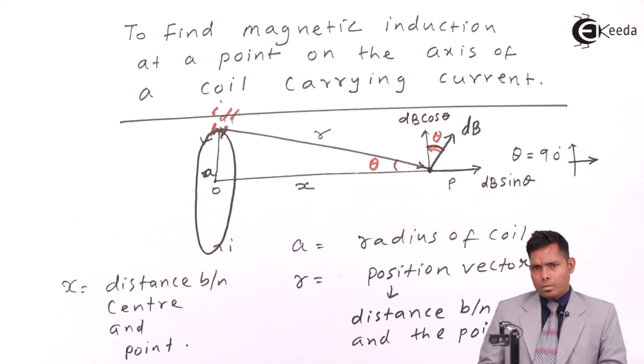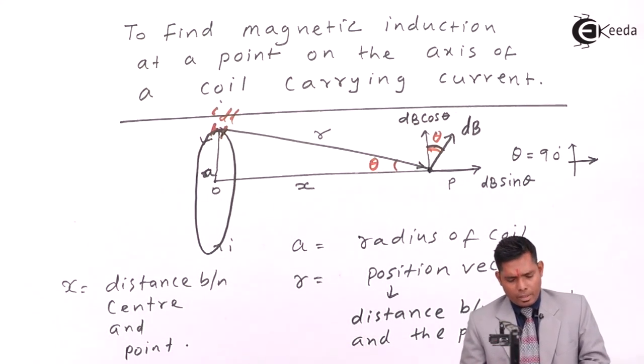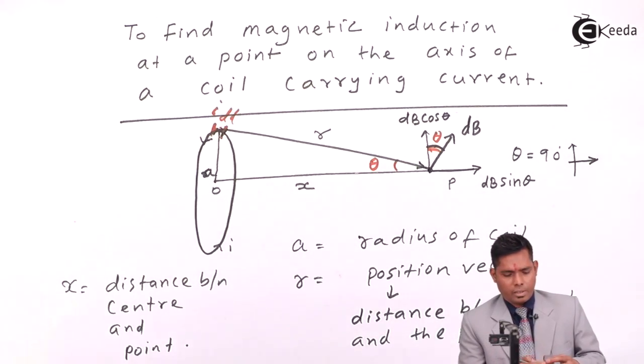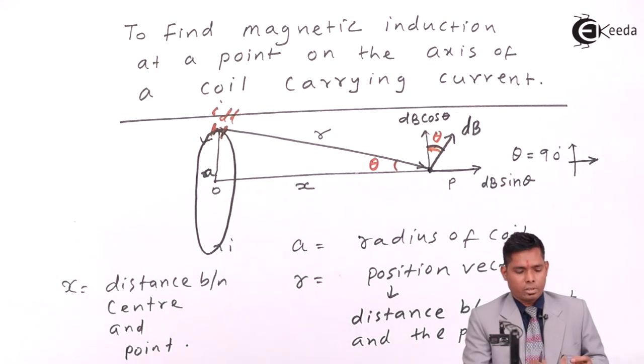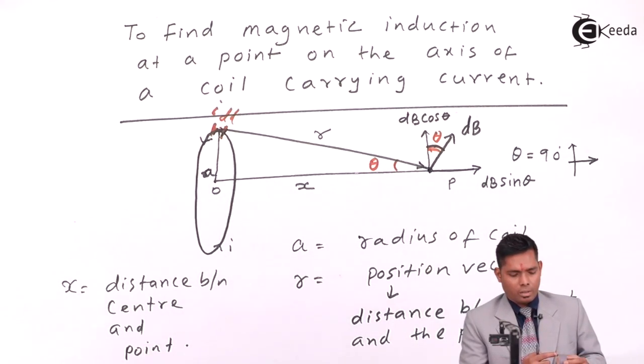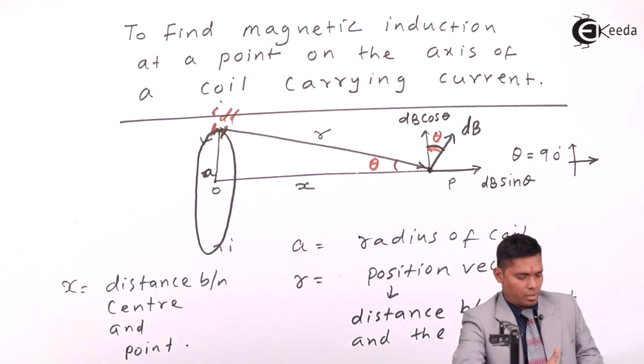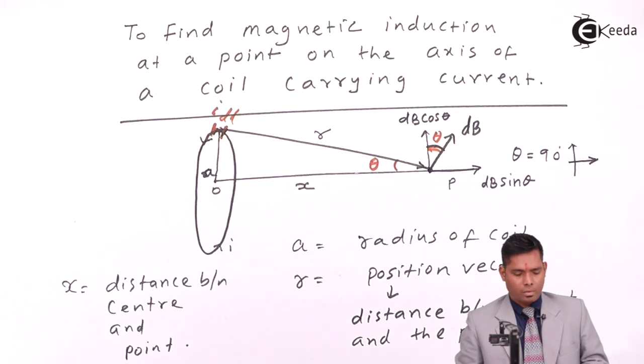And for any element I choose on the opposite side of this coil, for this half of the coil, the magnitude will be in that direction. For the other half, if I choose an element here, this is dl, this will be my r, ideal r, toward this side.